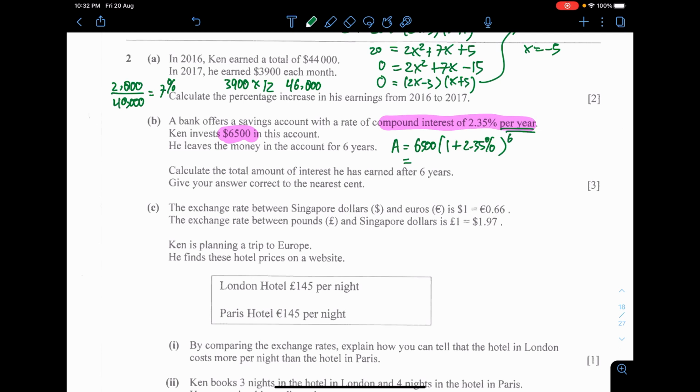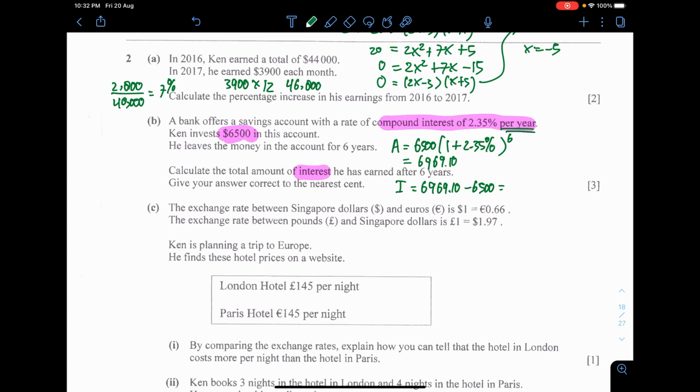You got 6969.10. Okay. However, the question is asking you to find the interest. So the interest must be the difference, 6969.10 minus by 6,500. This should be the difference between them.